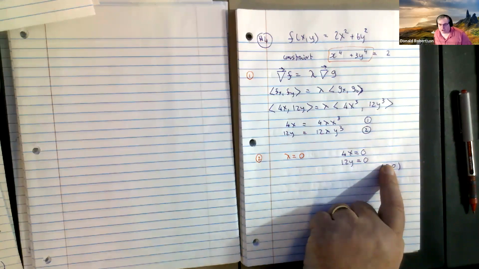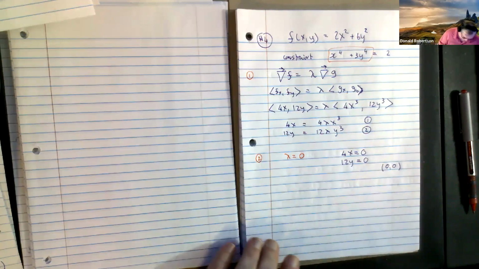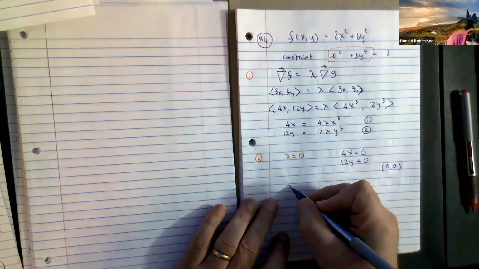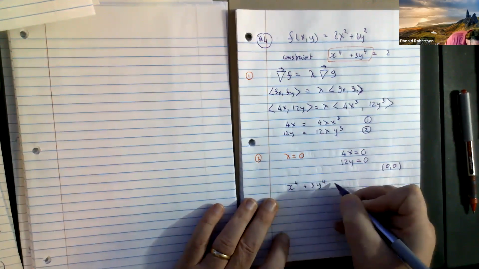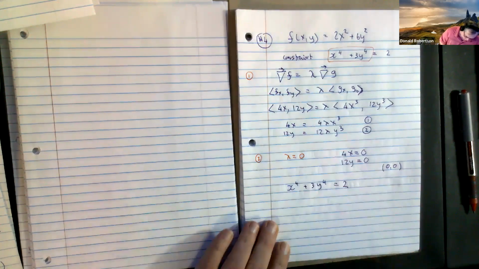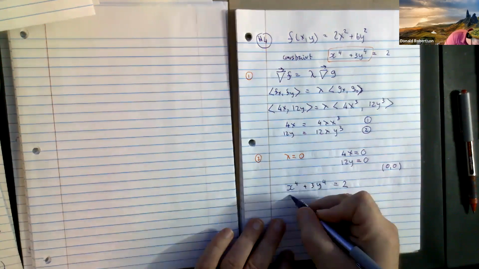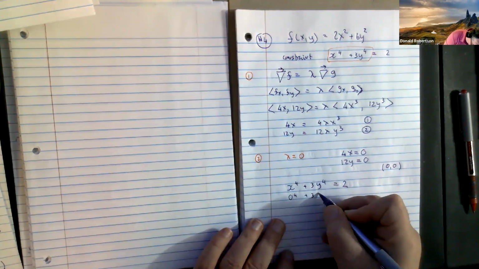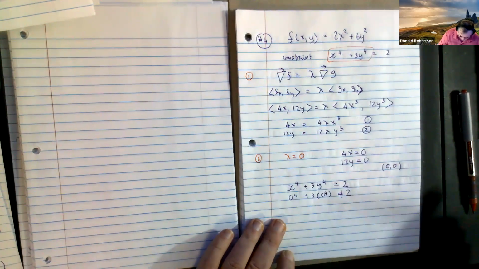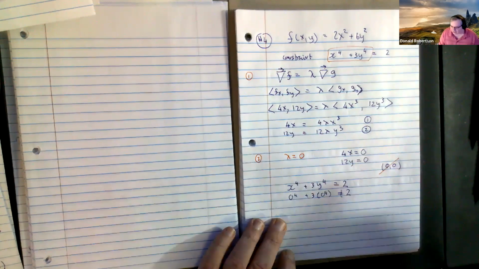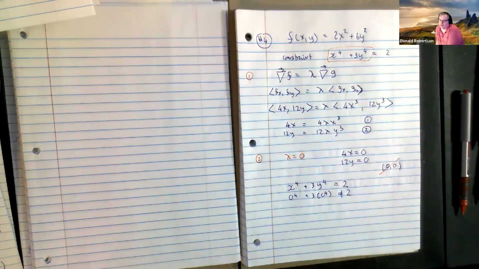Now, that might be usable, but let's check it out. According to the constraint, x to the 4 plus 3y to the 4 must equal 2, or you're not a usable solution. Well, 0 to the 4 plus 3 times 0 to the 4 is definitely not 2. So, as I would expect, it's a non-usable answer. Right? Can't use it. It doesn't satisfy the constraint.